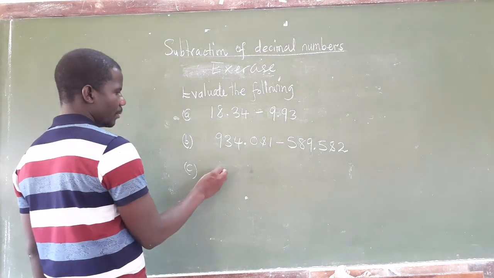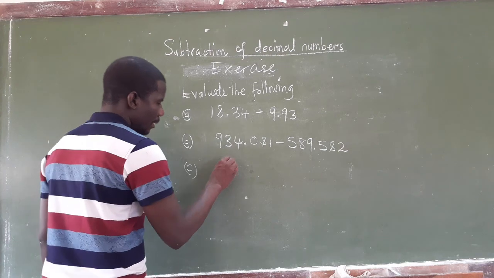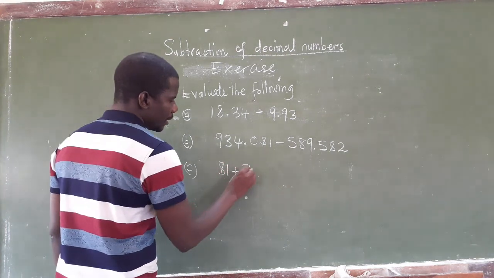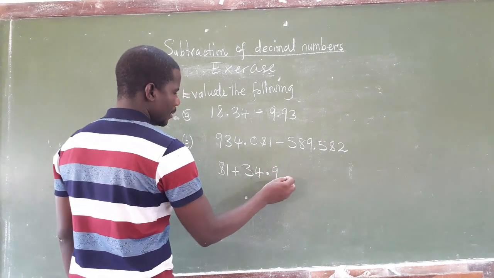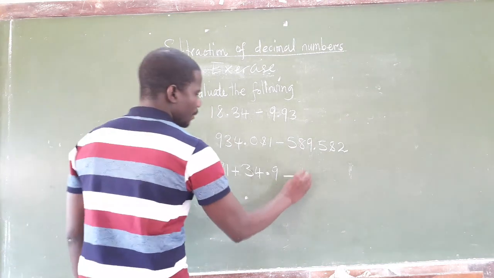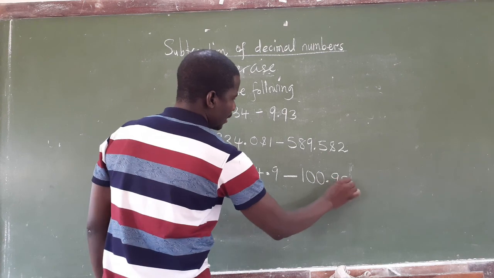And then the last one we can have 881 plus 334.9 minus 100.98.